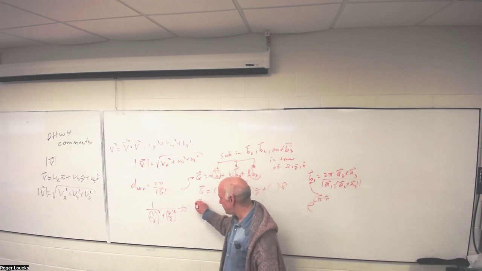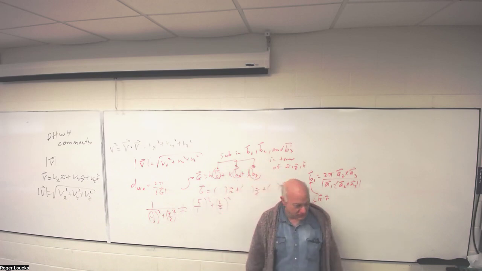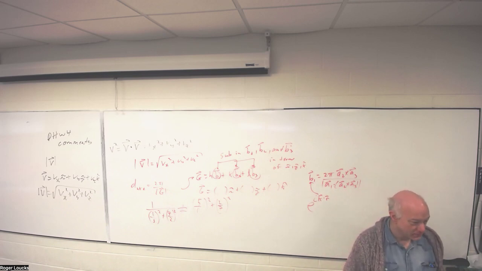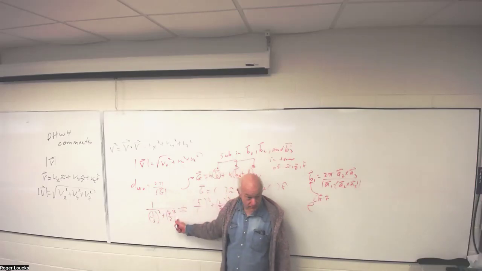This does not equal 5/1 squared plus 2/7 squared. That does not equal that. That was a very, very common thing. What does this equal? Just that. It doesn't simplify any. It's just this mess.